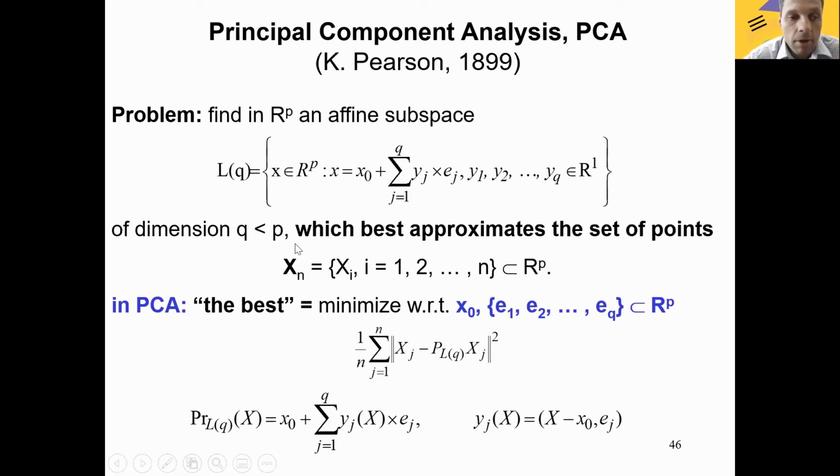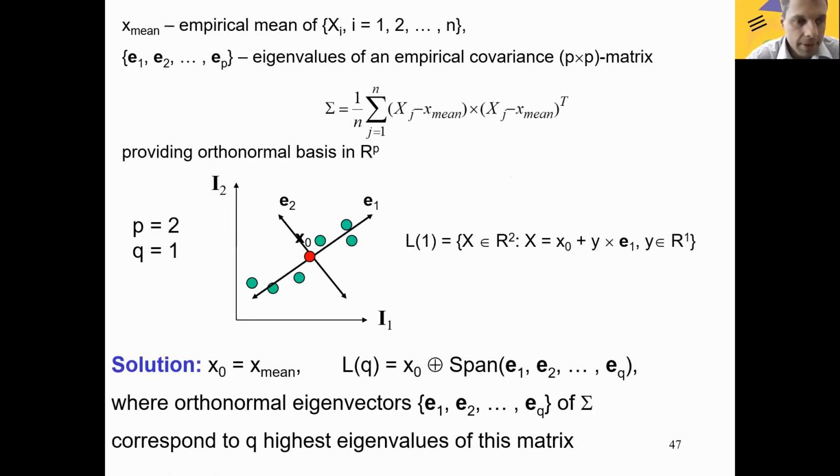And so that means that optimization of this function is the same as calculating the eigenvectors of the covariance matrix. And these eigenvectors will be oriented in directions related to the directions of the highest variations in data.